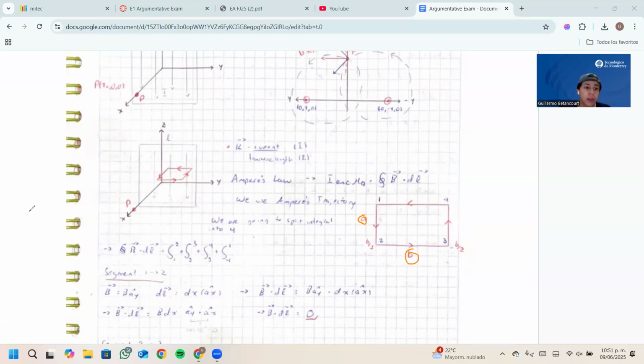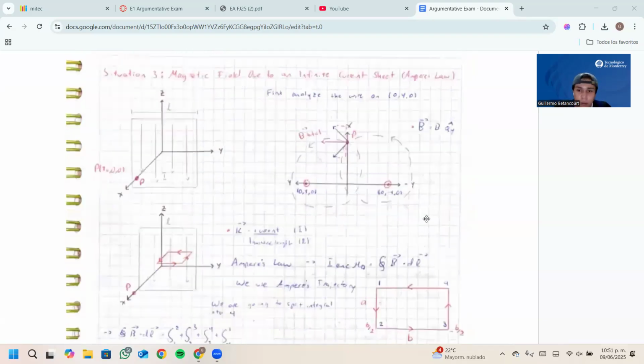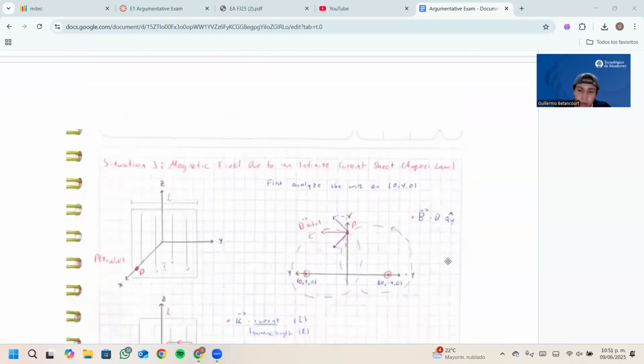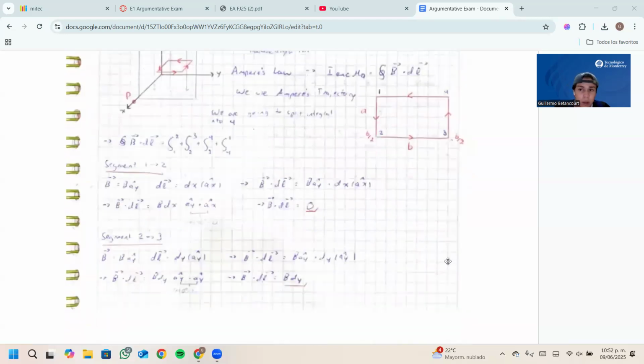And then we're going to split our integral into 4. At first, we're going to evaluate the segment 1 to 2. I'm going to say that all segments have the same B, the magnetic field which we obtained before, in the direction of y. So it's the same for all 4 segments.